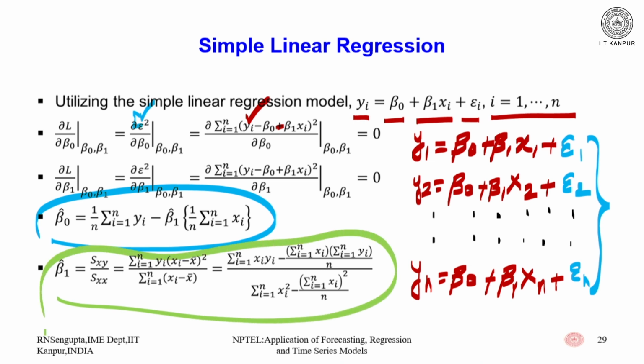So, these are the equations; do not be bothered about the derivation, double check that. Once I have these data points, I can find beta hat naught and beta hat 1, and utilize these beta hat values for the subsequent calculation. Now, the question may be: what happens if there are more than 1 x? You will utilize the same concept.